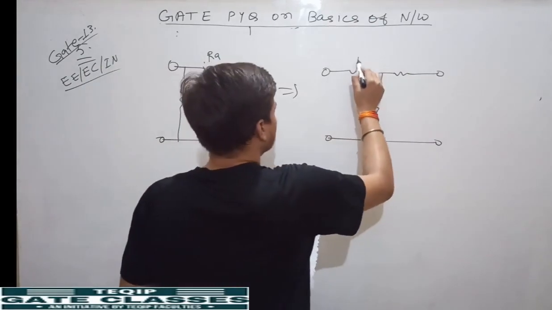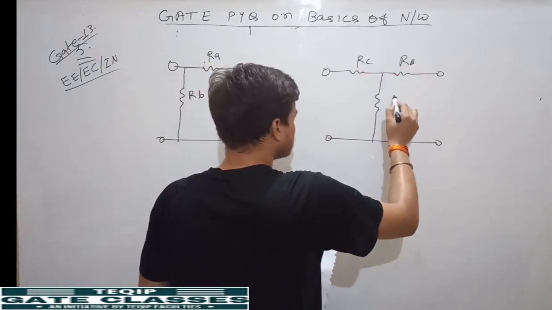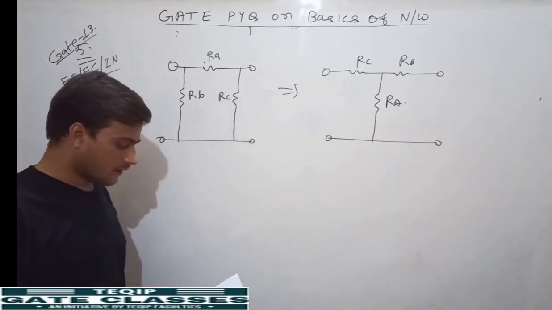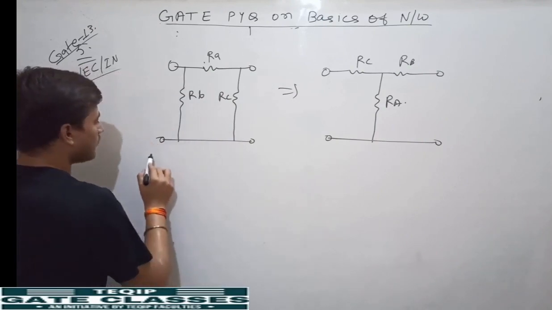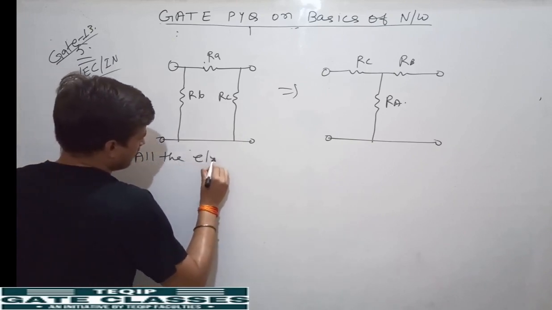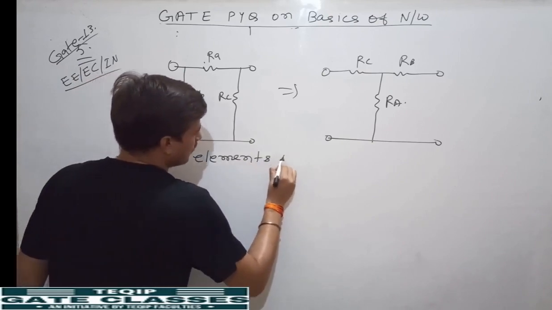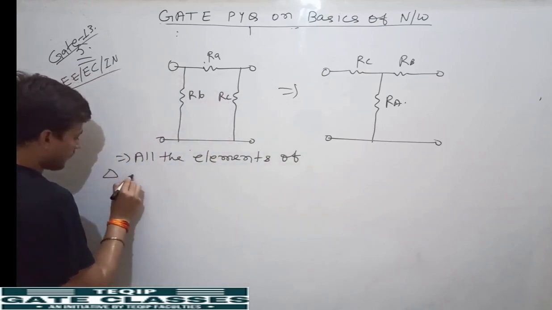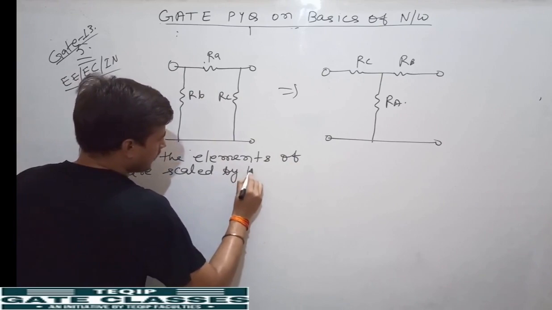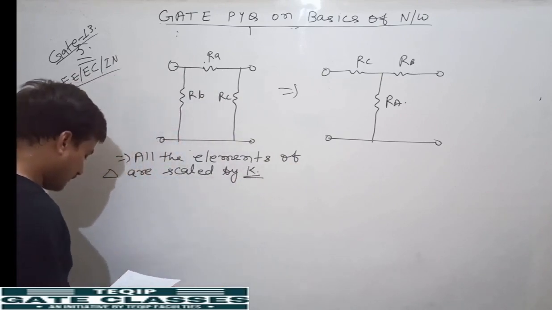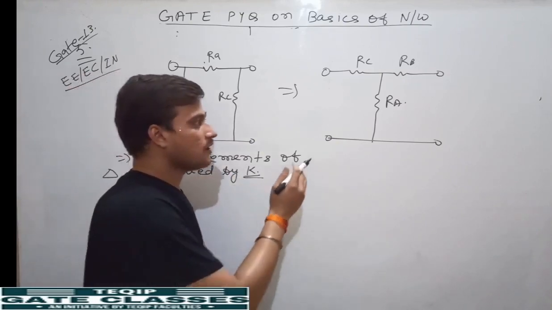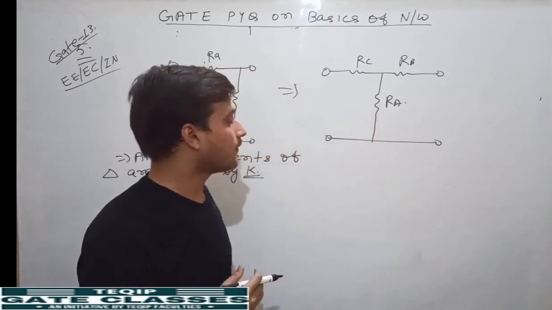It says that if all the elements of delta are scaled by a factor of k, then the corresponding star equivalent will be scaled by a factor of.